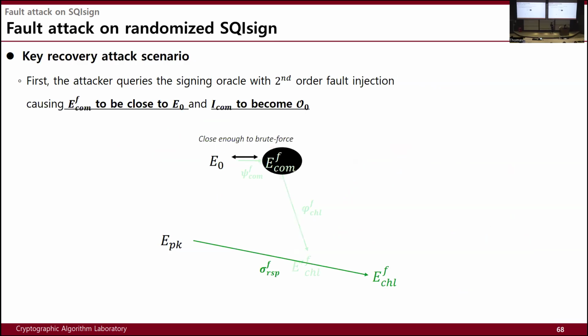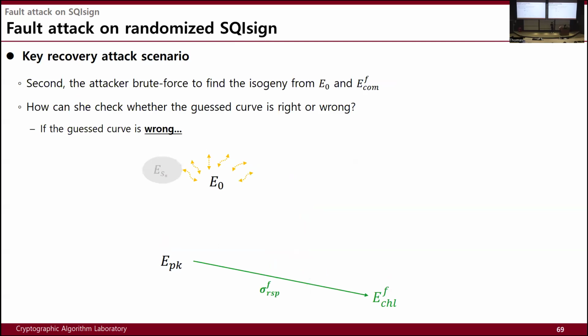First, the attacker queries the signing oracle with the second order fault injection, causing the faulty commitment curve to become the starting curve and the commitment ideal to become O0, which is an identity map in the world of the elliptic curve. Then the attacker brute forces to find the isogeny from the starting curve to the faulty commitment curve.